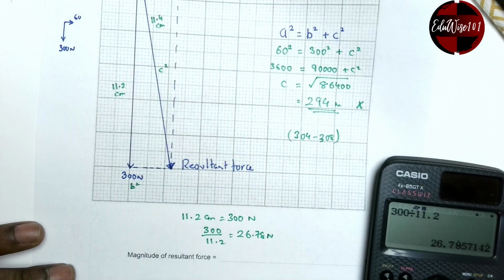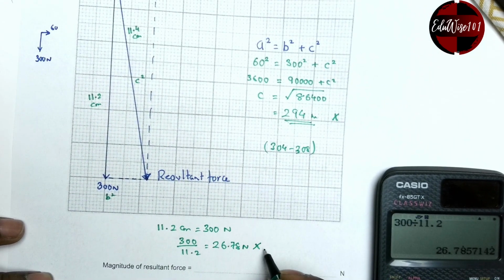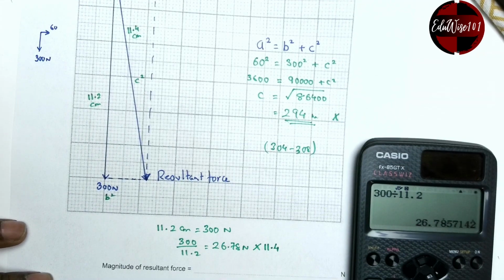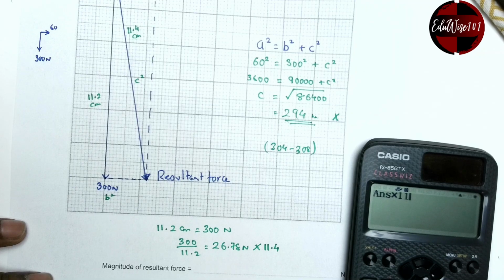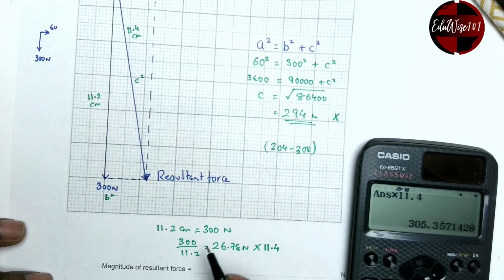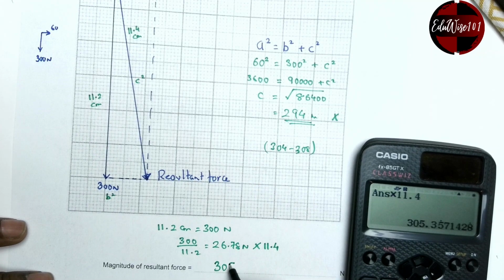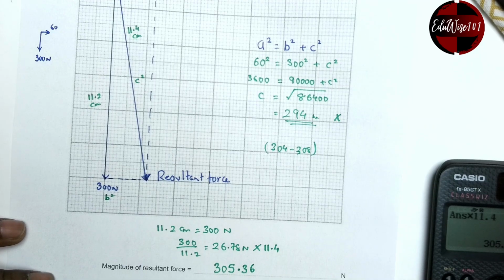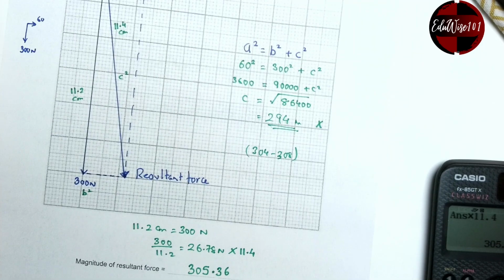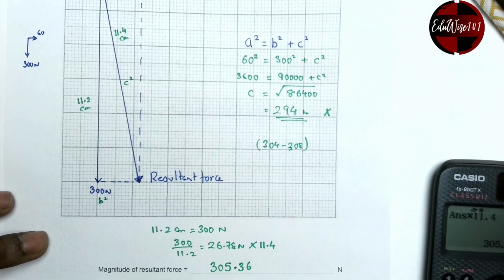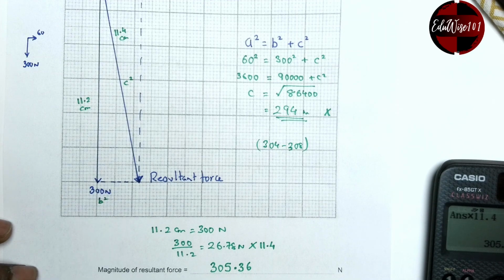Because that's 11.4 centimeters, if I multiply this by 11.4, that gives me 305.36 newtons. That should be within range. So my advice is, don't use Pythagoras theorem if you can avoid it. Use the scales properly. Thank you, and that's the end of this question.